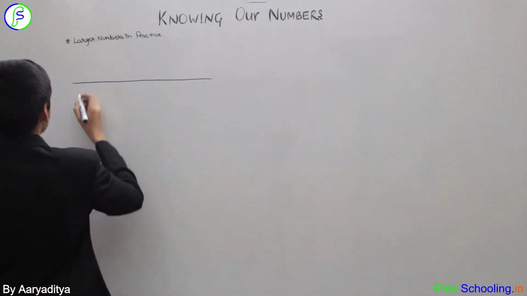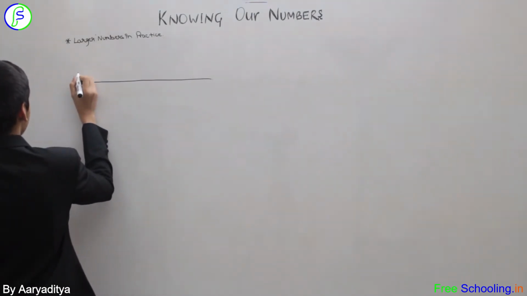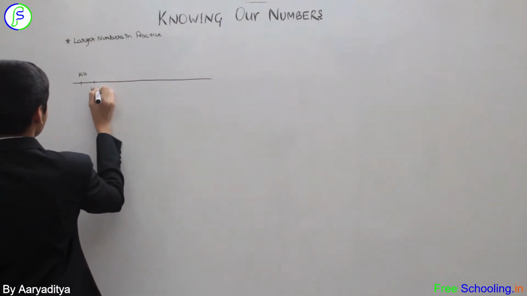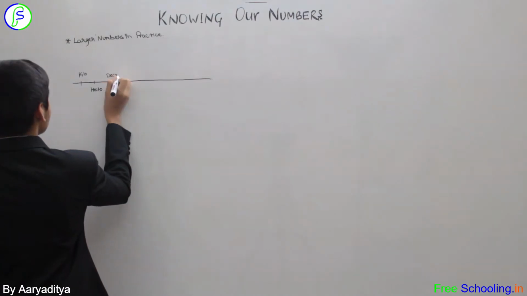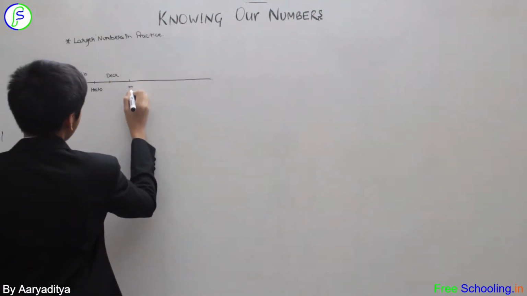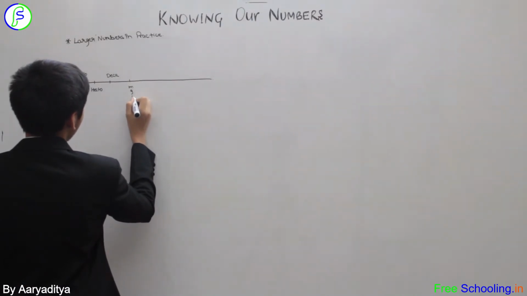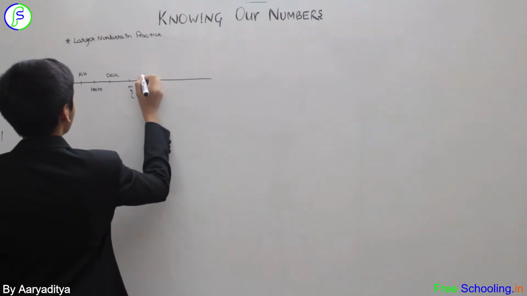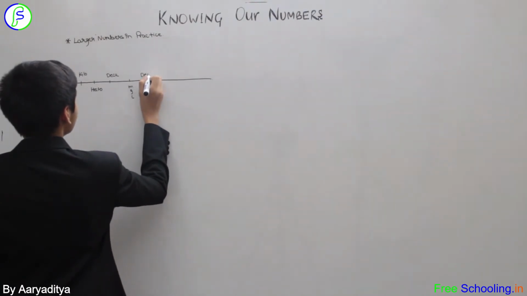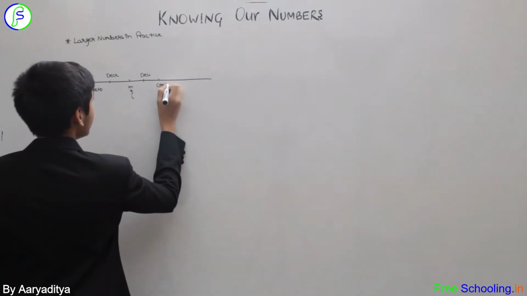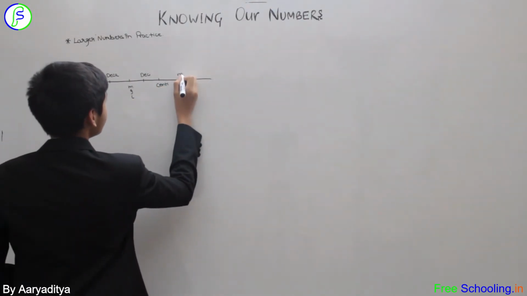Now, I place here kilo, hecto, deca, meter or gram or liter, deci, centi, and at last we have milli.